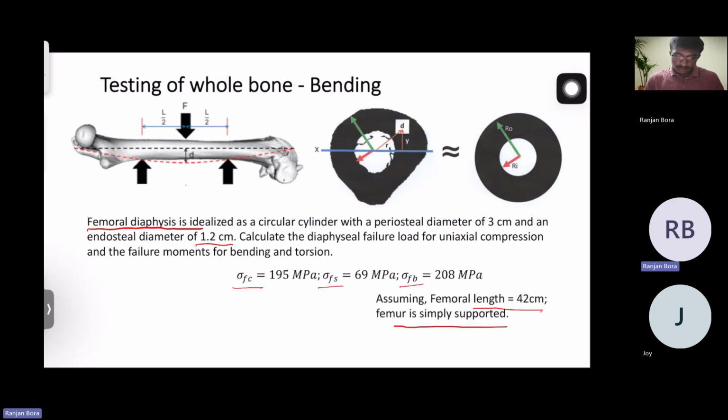So this is the failure stress for compression, this is the failure stress for shearing, and this is the failure stress for bending.